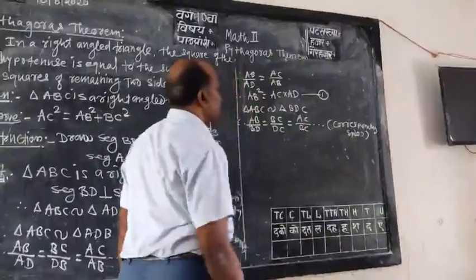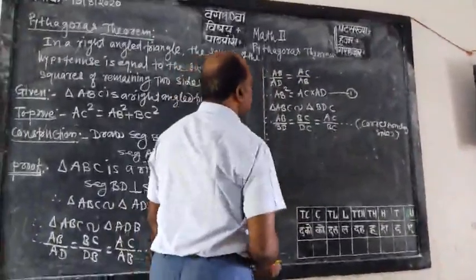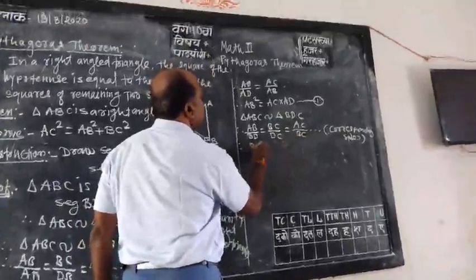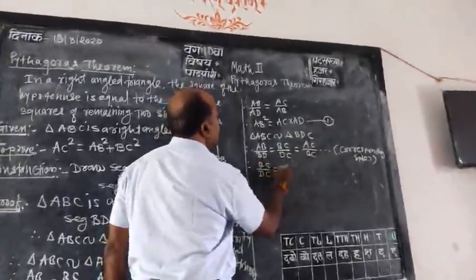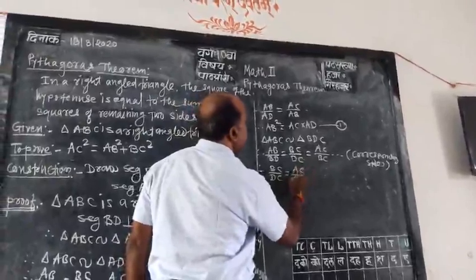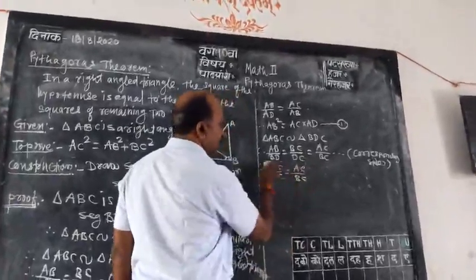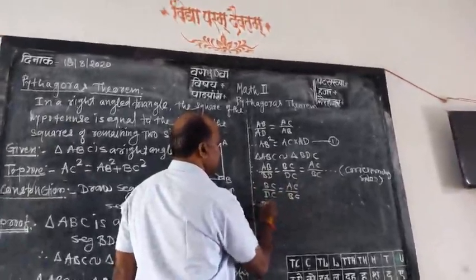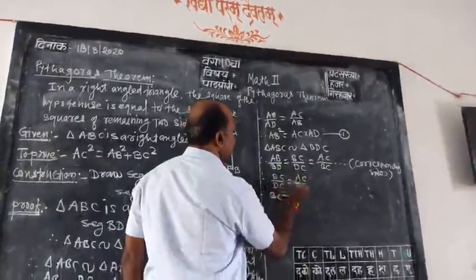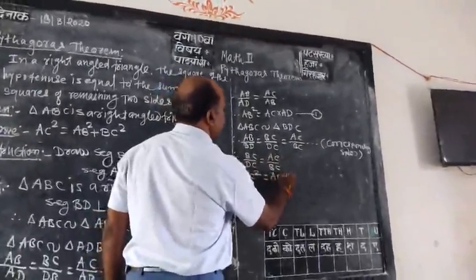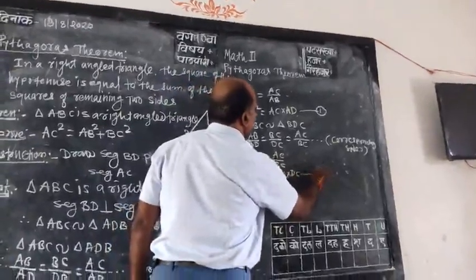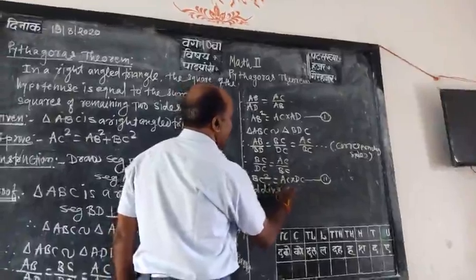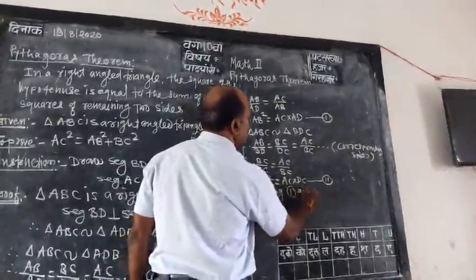Take these two ratios: BC divided by DC is equal to AC divided by BC. Perform the cross multiplication. Therefore, BC square is equal to AC into DC. This is number 2.